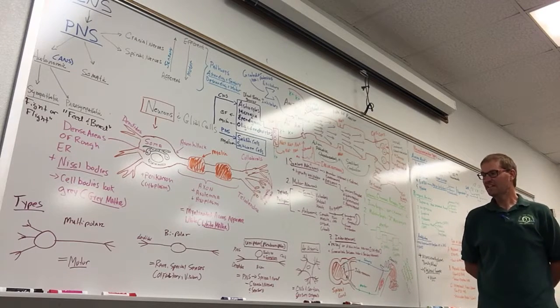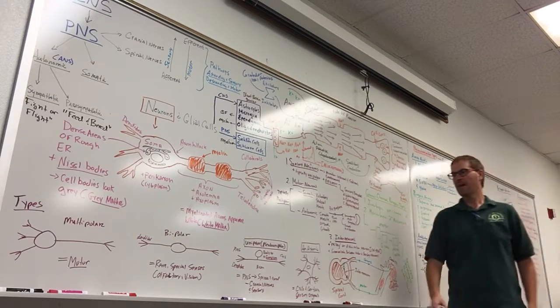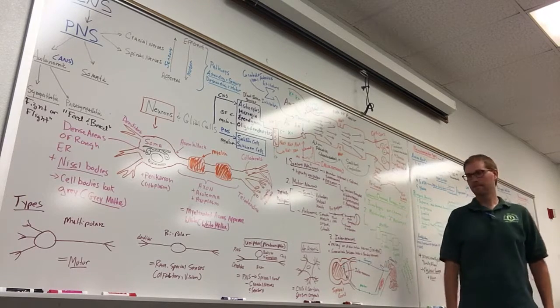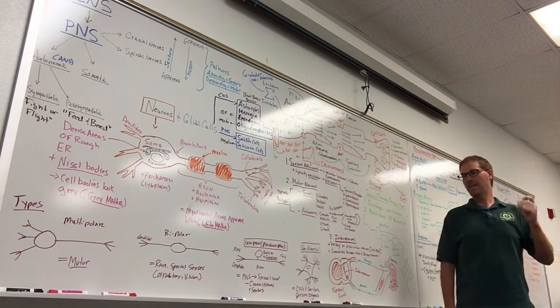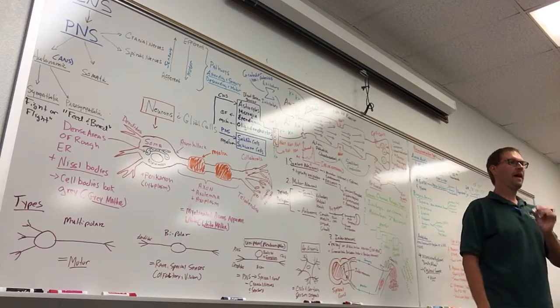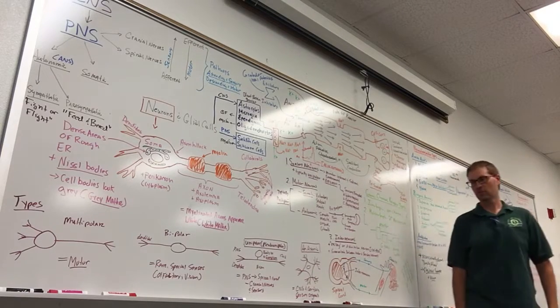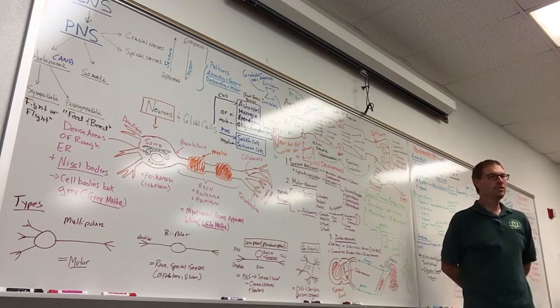And what we tend to see there, okay, with autonomic, is we tend to see a neuron that leaves the central nervous system, okay? It leaves the central nervous system, and then it synapses with another neuron that then brings the information to the gland, organ, smooth muscle, or what have you, okay? So it's a two-neuron system.